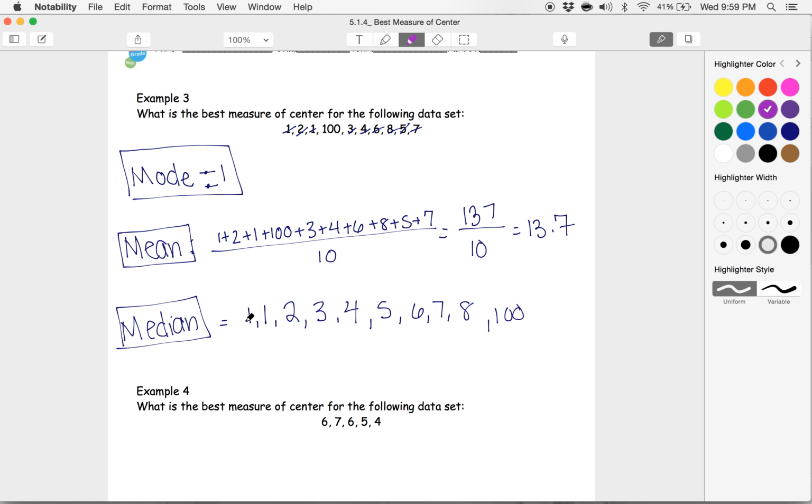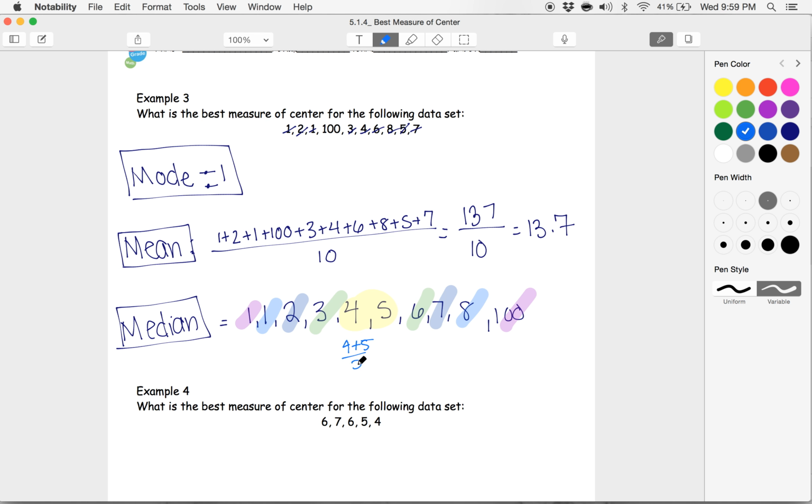If I come through and I cross these out, I end up between 4 and 5. So to find the median of that, I have to do 4 plus 5 divided by 2, which gives me 9 over 2, which is going to give me 4 and 5/10. My median is 4 and 5/10.